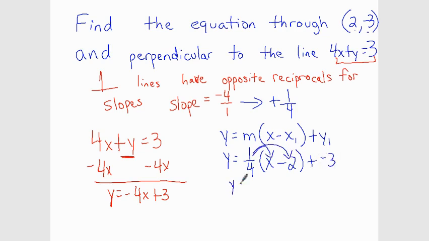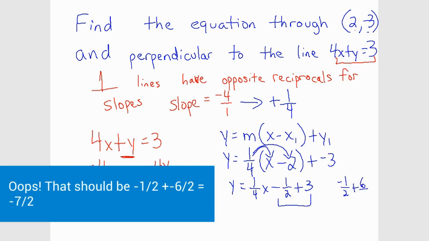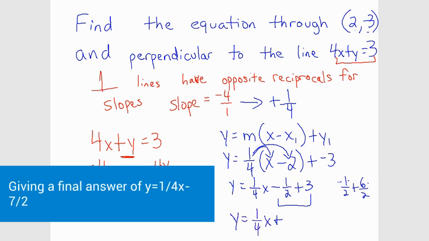We get y equals 1/4 x minus 2 times 1/4 would be 2/4. Simplify that, you get 1/2 plus 3. And then let's go ahead and simplify this. We get negative 1/2 plus 6/2, finding a common denominator. We get negative 1 plus 6. That's 5/2. So 1/4 x plus 5/2, and we are done.